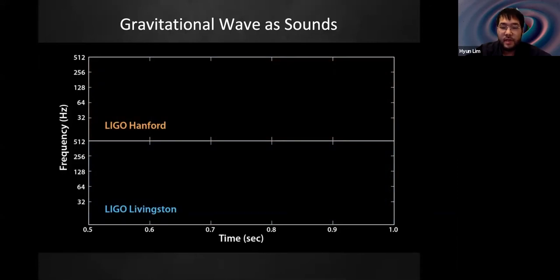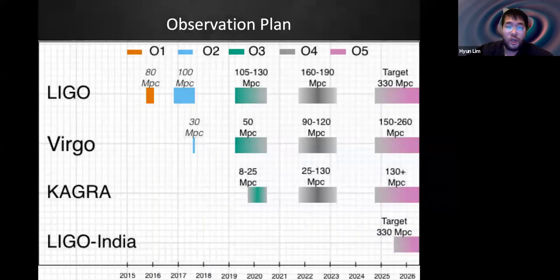From this event, of course, we want to observe more, and LIGO is not the only gravitational wave observatory in the world. The first phase is called observing run one, or O1, starting in 2015, which was technically more of a testing run. Then the second run is O2. At the end of O2, another gravitational wave observatory in Italy, called Virgo, also joined.